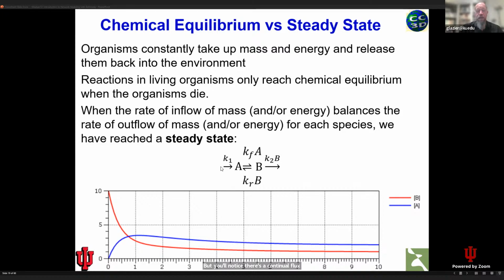An arrow with a blank on the end, a dangling arrow, represents either the input of material into the system or the destruction of material into something we don't care about. In the real world, there's always mass conservation. A is coming from somewhere, B is going to something. But these dangling arrows mean that we don't, in our models, care about what those are.